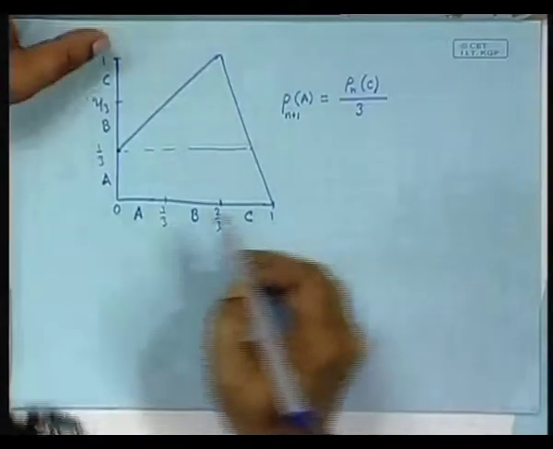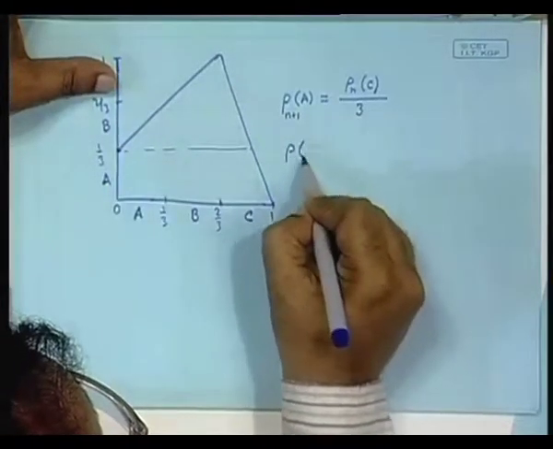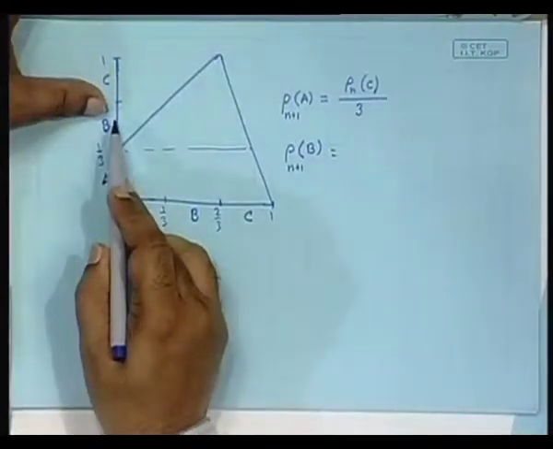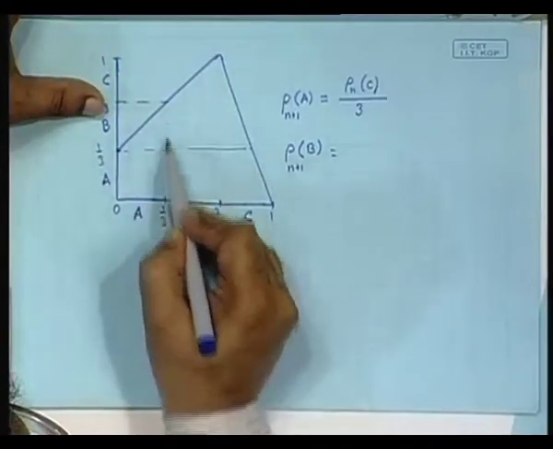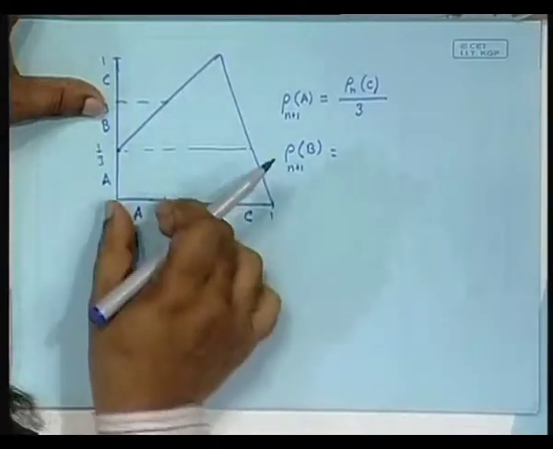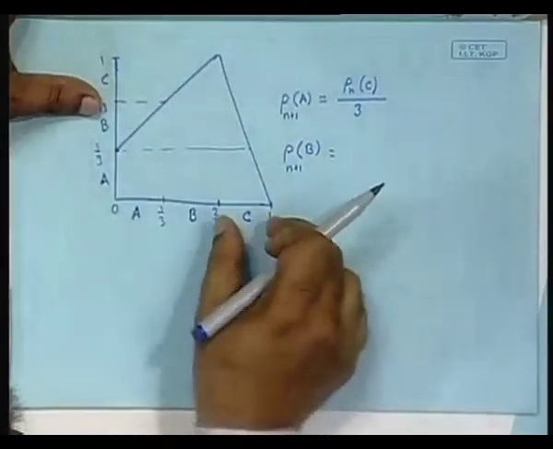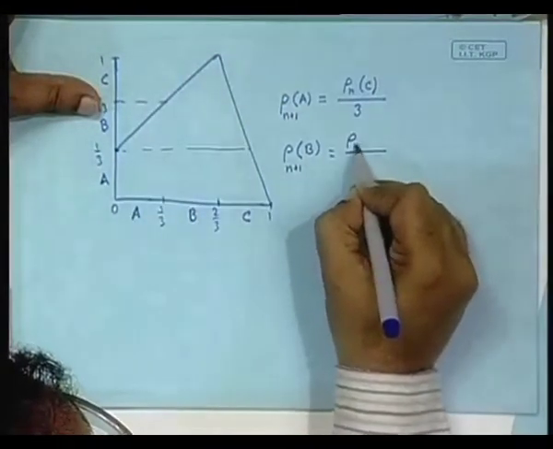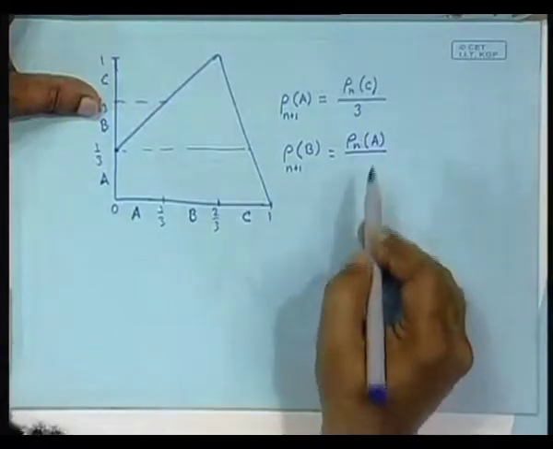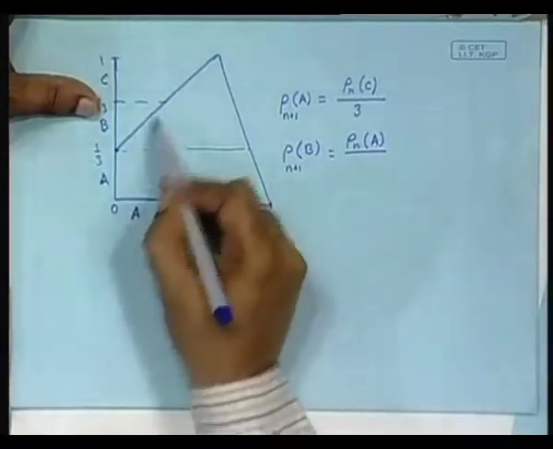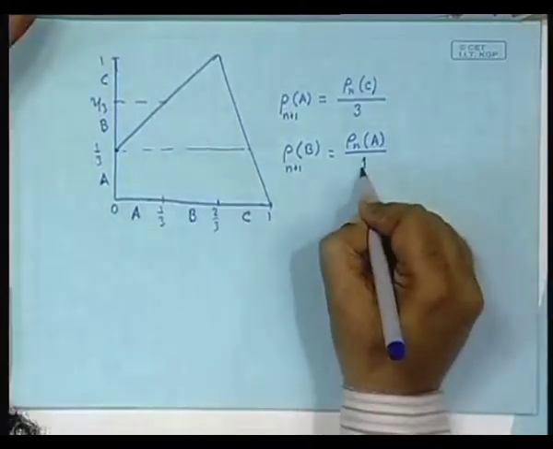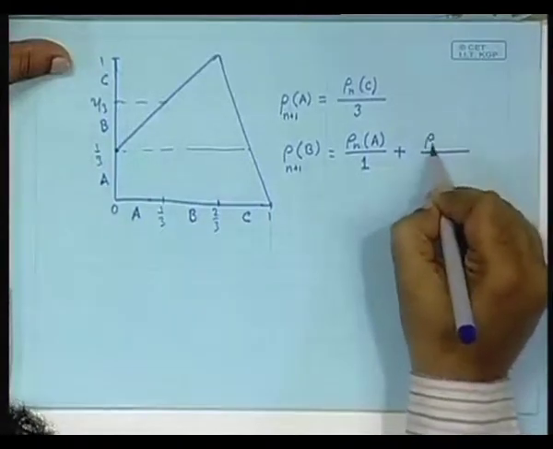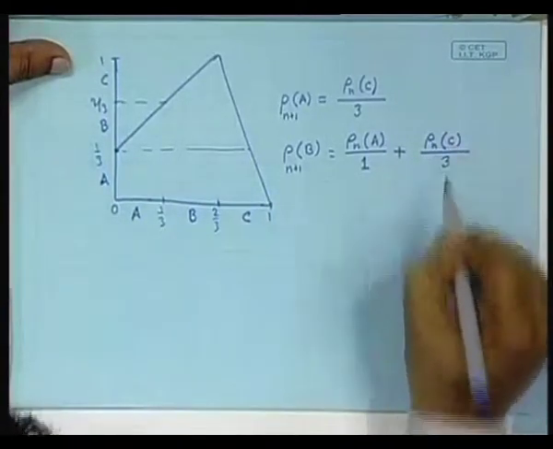Clear? Next we come to rho of the chunk B in the n plus 1th iterate. Where does it come from? It comes from A. Anything in A goes to B, and also anything in C goes to B. So rho n of A, divided by its slope, which is 1, plus it now comes from two different places, rho n of C by 3.